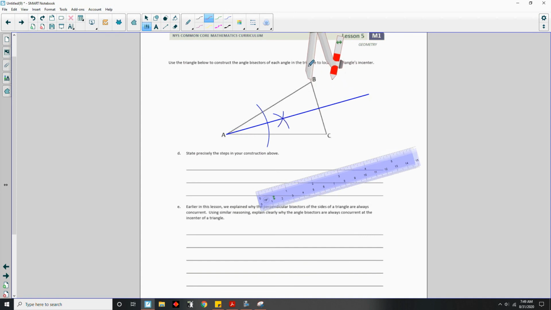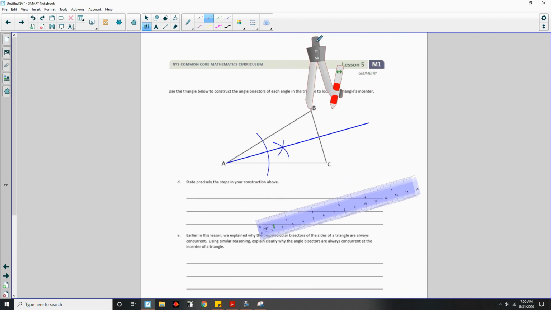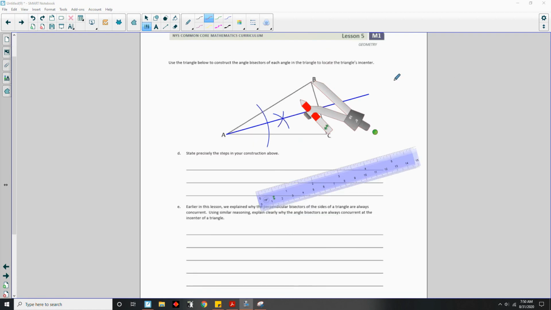vertex. So now I'm going to put my point at B. Okay, so I have point B here.